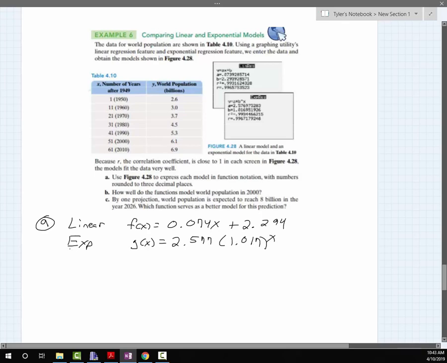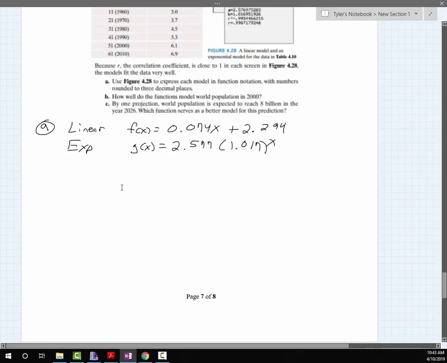So these are two appropriate models. So f of x and g of x are the world population in billions, and x here is the number of years after 1949.